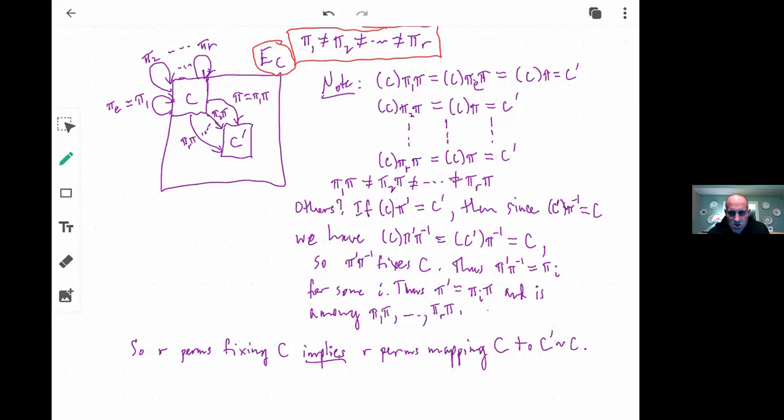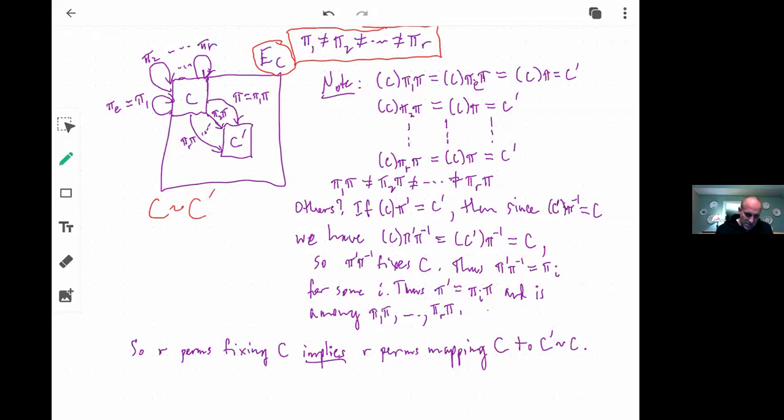So I'm assuming I have exactly R things that fix the original coloring C, and I'm looking at something that C is equivalent to C prime. So in other words, C is equivalent to C prime. That by definition means that there are things that move me from C to C prime. Well, the first thing that we do is we show that we can build R permutations from these things that fix C and move us to C prime.